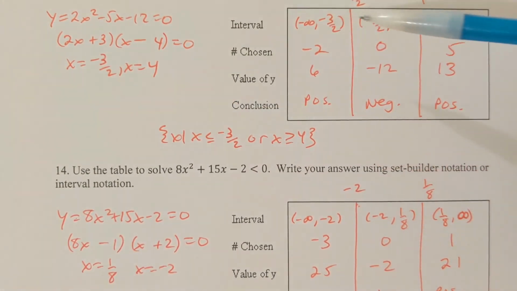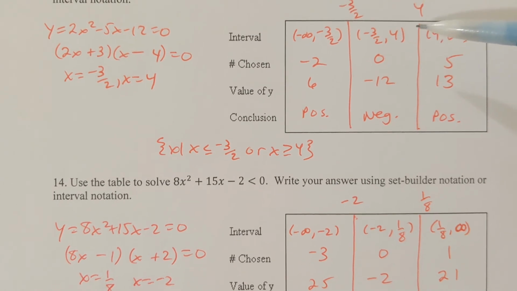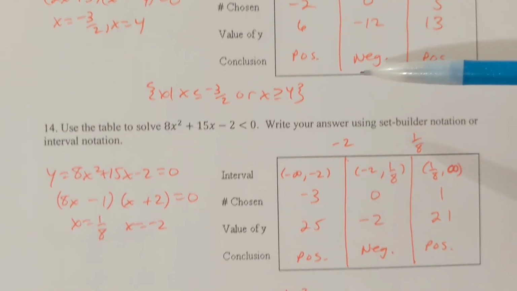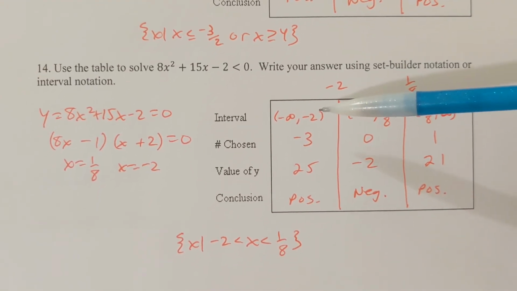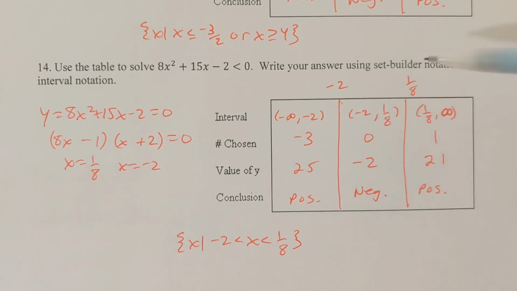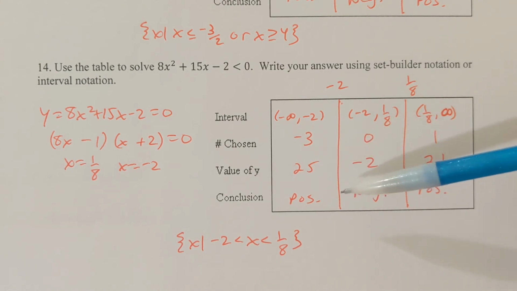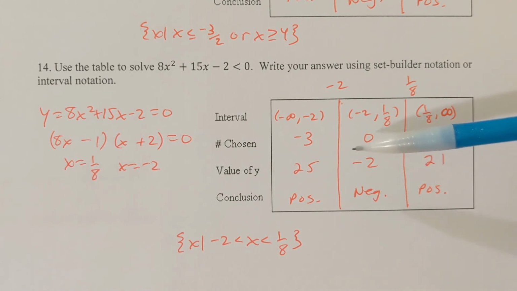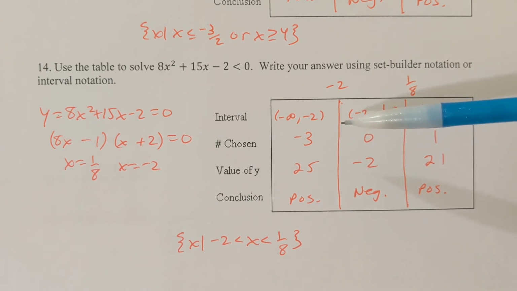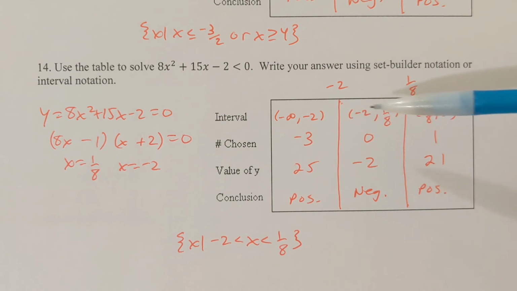The reason is that if I include those numbers, meaning I got a bracket there, then I'm allowed to select the number, and that's going to return 0. 0 is not a positive or a negative number, so I only want to choose a number that is strictly inside each interval.